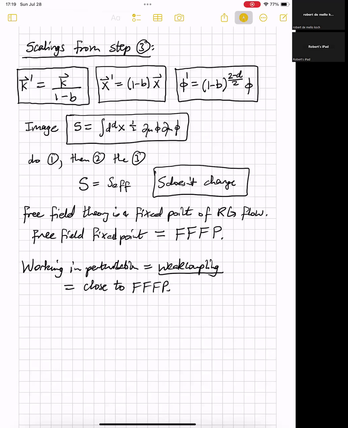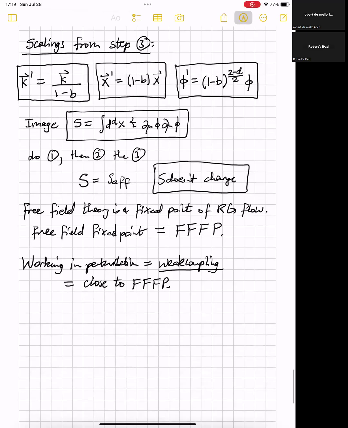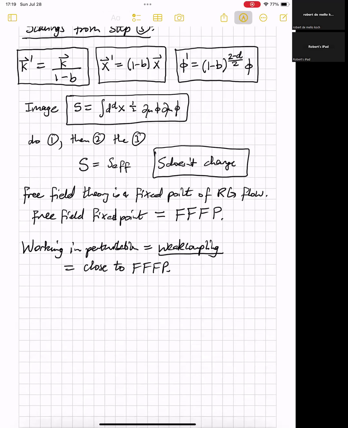That's what it means to be at weak coupling, and that's what it means to be close to the free field fixed point. And this is where perturbation theory is valid. So working in perturbation theory is the same as saying you're at weak coupling. That's the same as saying you're close to the free field fixed point.